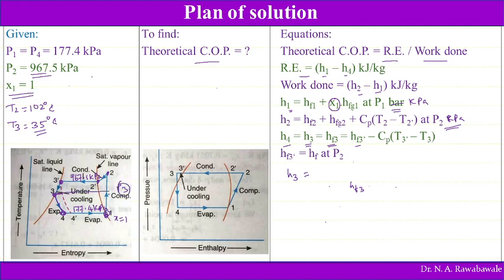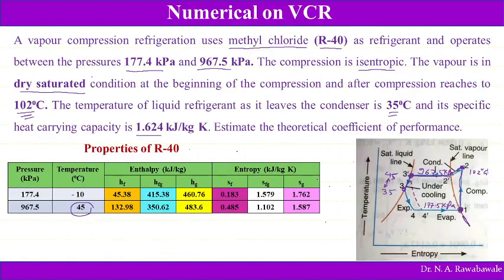But if we take this 35 degrees Celsius as the saturation temperature of the liquid, from that also we can take H3 directly from the vapor table or refrigerant properties table. But in this problem, this property table is given only at two pressures or two temperatures.